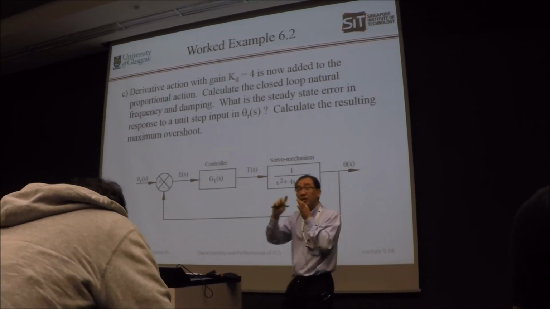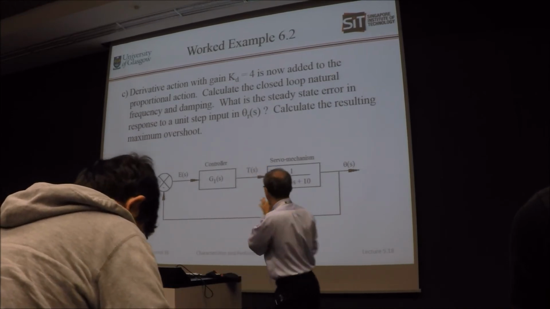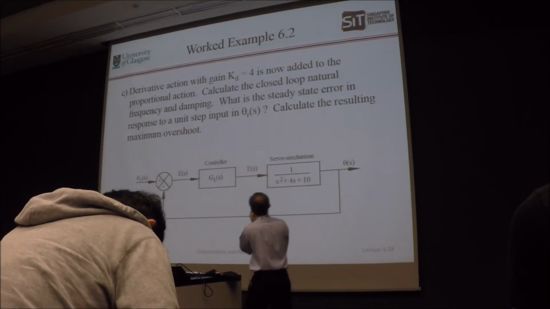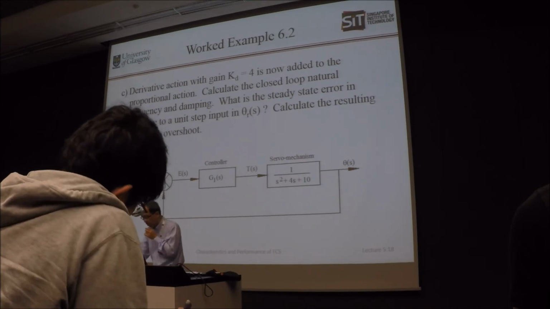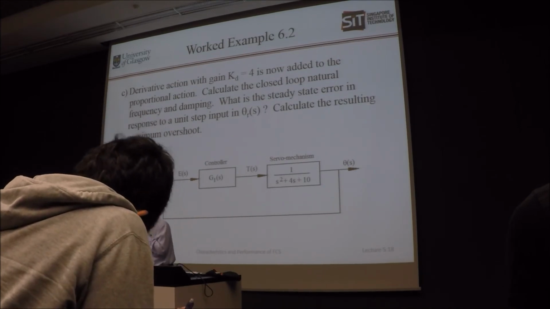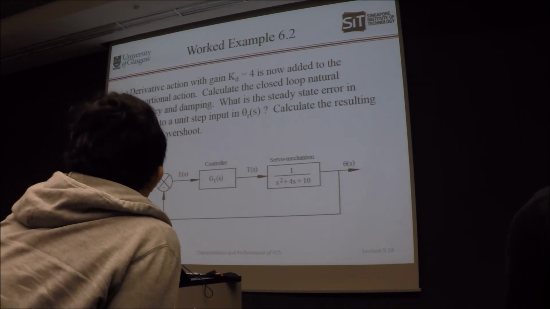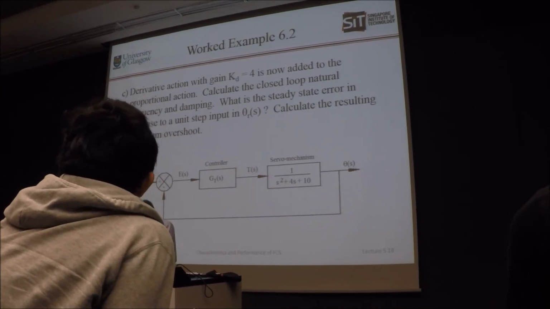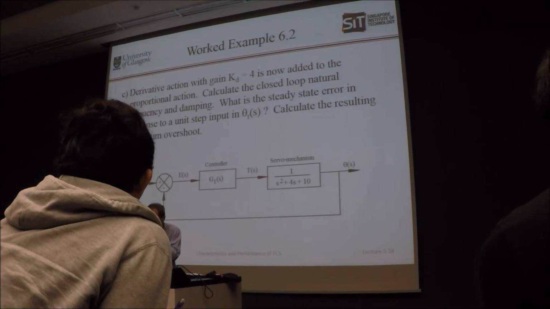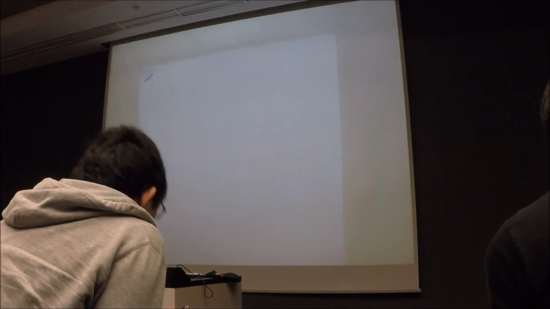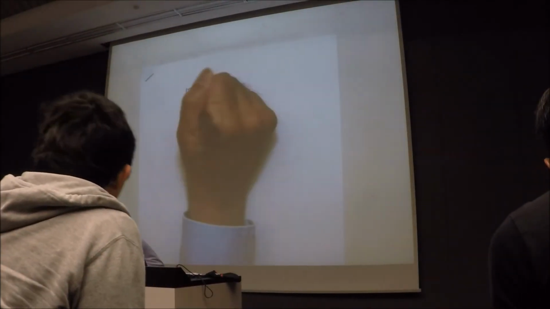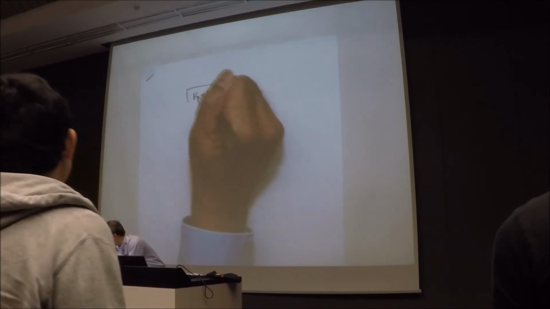All the information is already given to you, KD equals 4. So what you need to do is go back and work out the closed loop transfer function with the PD controller, Kp plus KDs.